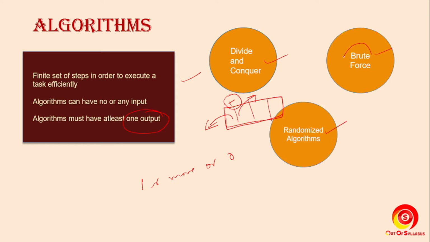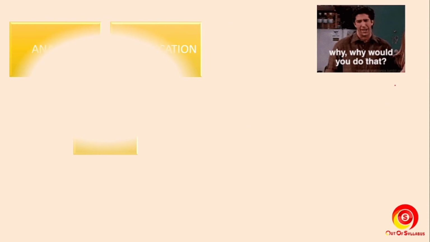In a brute force algorithm, you use a set of random values to find the best fit value. Randomized algorithms also use random values, similar to brute force. We generally use brute force algorithms when we have cyber security related problems.